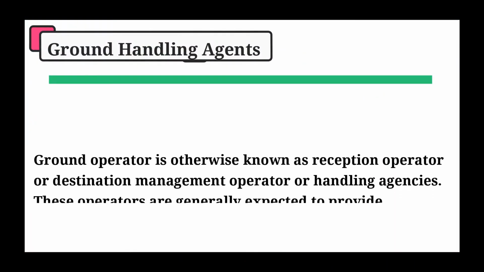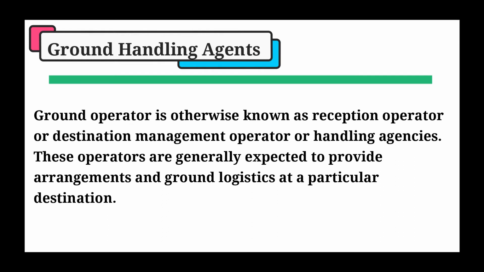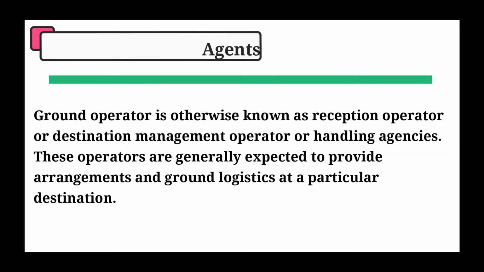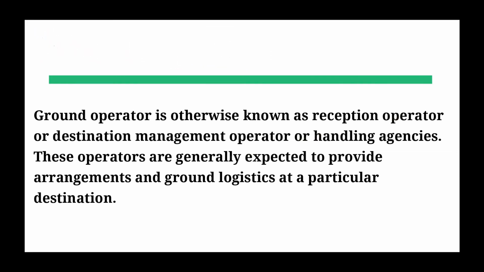Ground handling agents or ground operators. A ground operator is otherwise known as a reception operator or destination management operator or handling agencies. These operators are generally expected to provide arrangements and ground logistics at a particular destination.